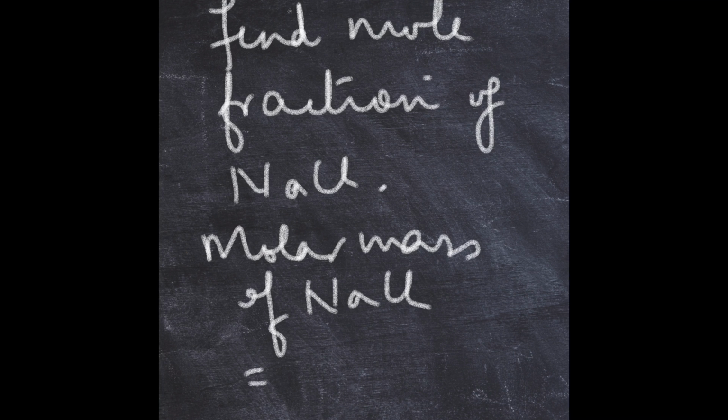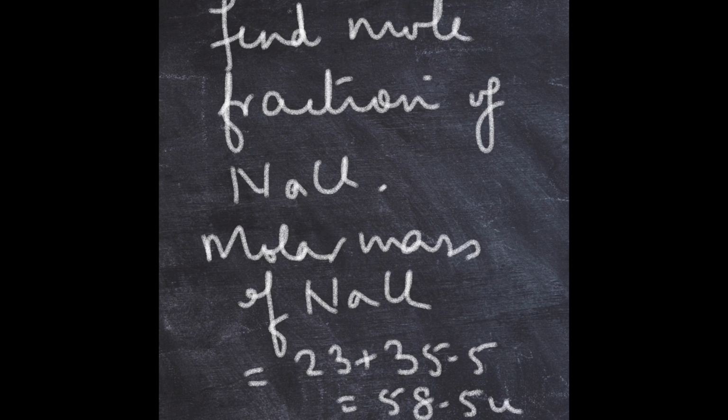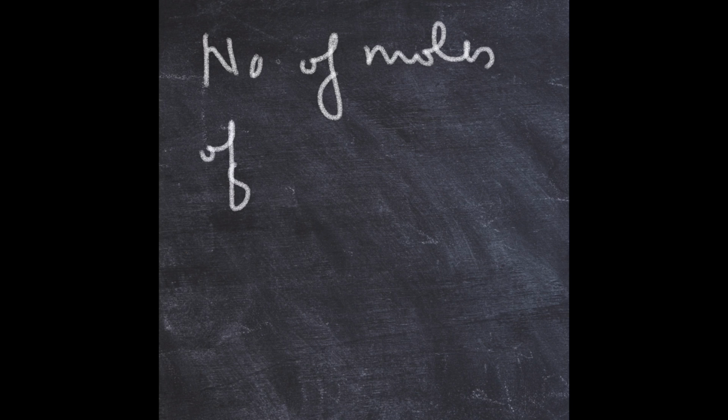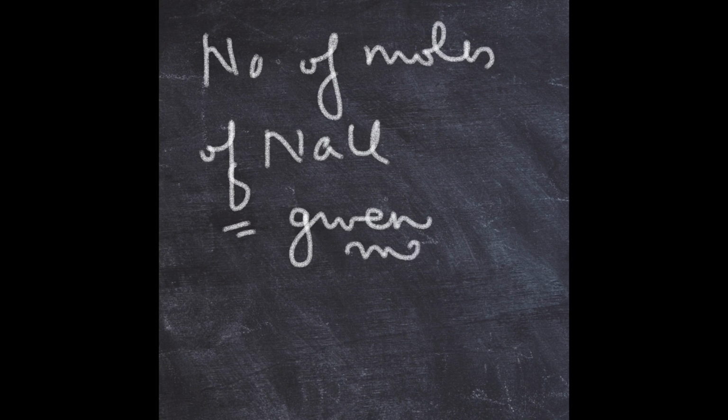The molar mass of NaCl is equal to 23 plus 35.5, which is equal to 58.5 U. And the molar mass of water is equal to 1 into 2 plus 16, that is 18 U. Now, the number of moles of NaCl is equal to the given mass upon molar mass.